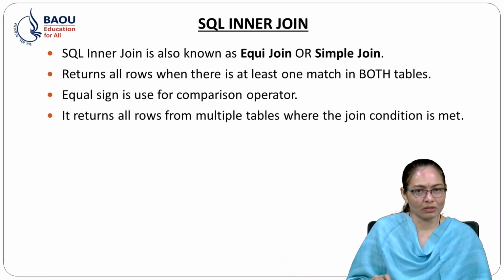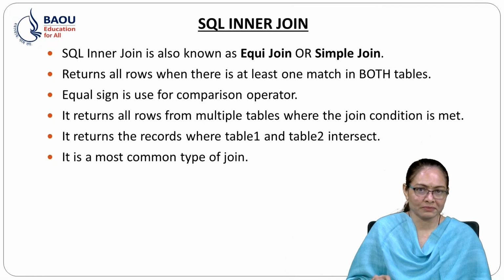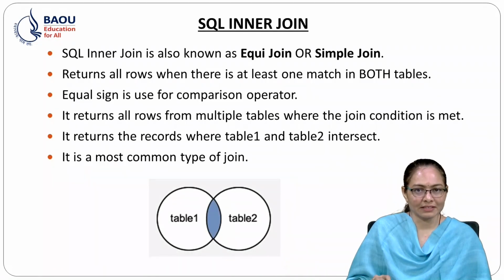It returns all the rows from the multiple tables where the join condition is met, and it returns the records where table 1 and table 2 intersect. So inner join returns the intersect result. It is the most common type of join. See in the figure, the intersection records are the output of the inner join.